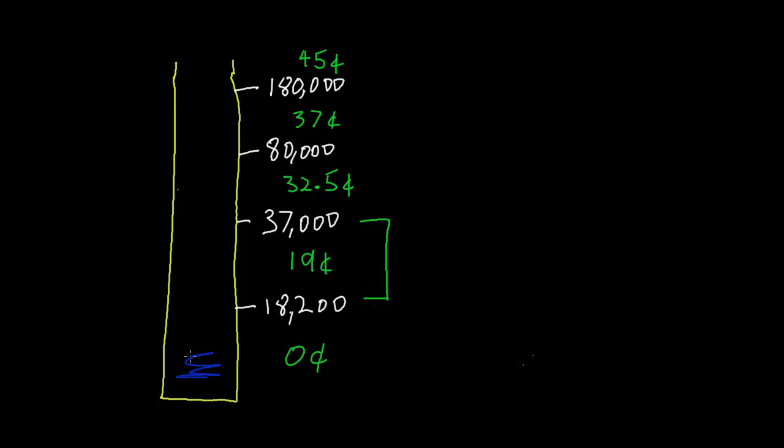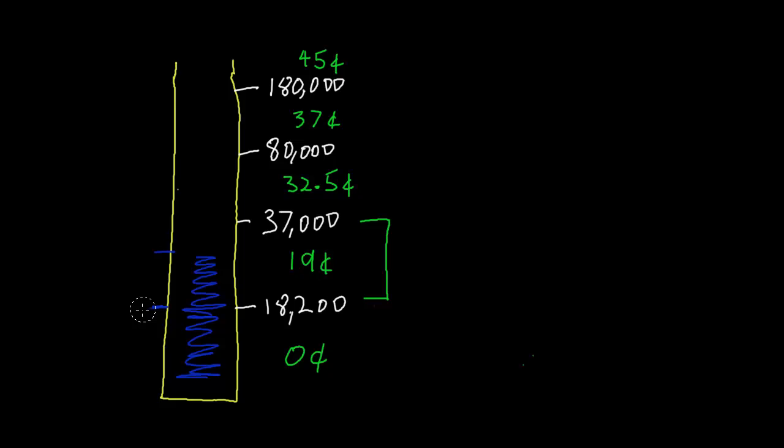If the water's going up to here, at that stage you're paying no tax, because you're under the 18,200 tax-free threshold. Once you get over here, any money in this bit, you pay 19 cents in a dollar for. You don't pay any tax on the bottom bit. You only pay tax on the bit that's in there.